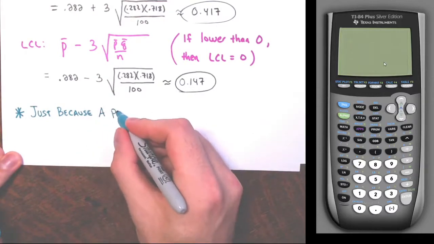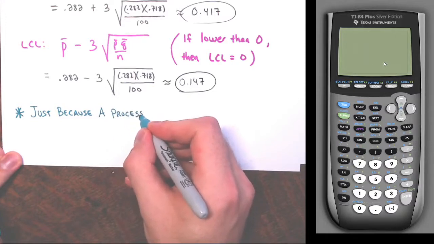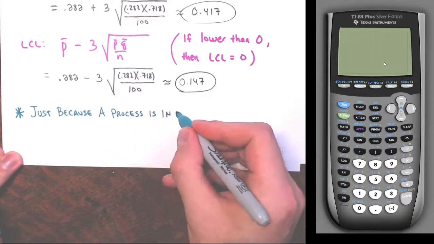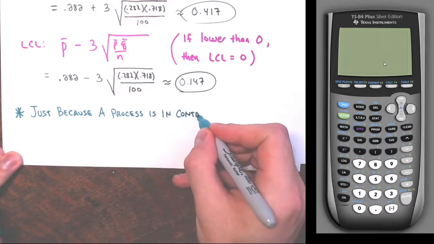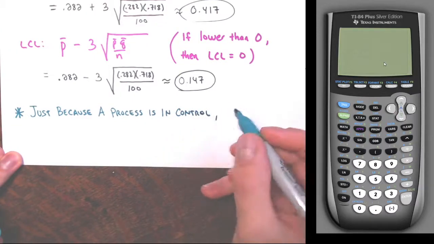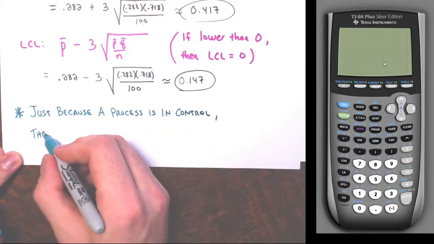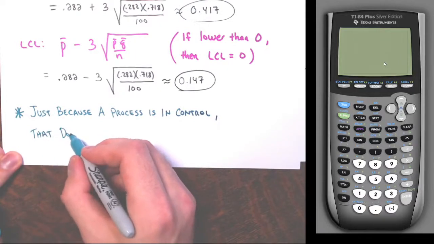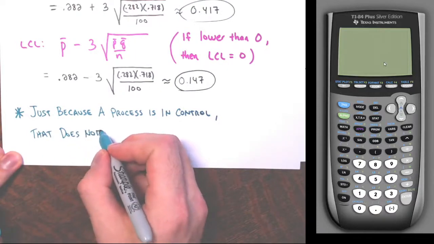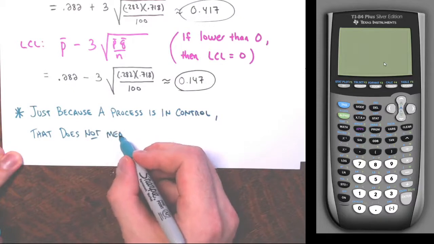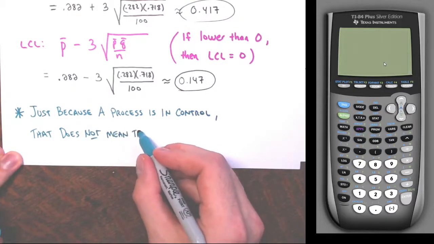Just because a process is in control, or consistent, does not mean that the process is desirable.